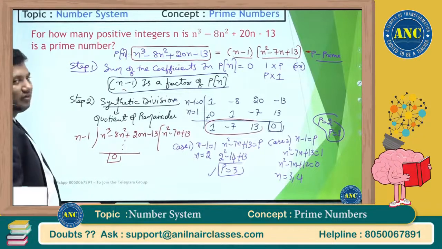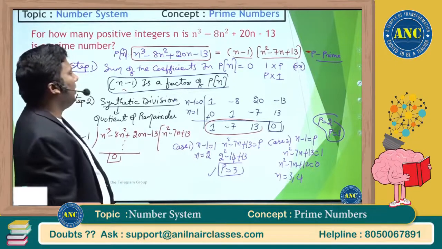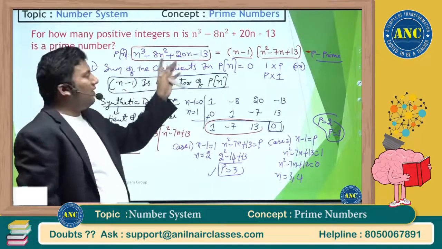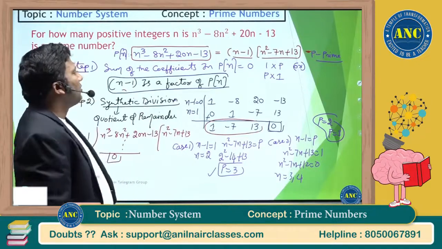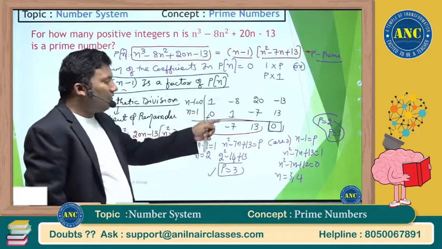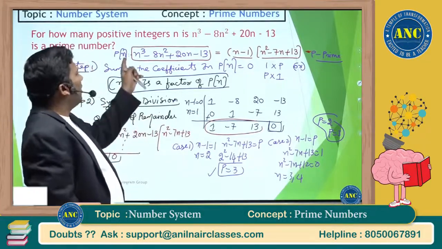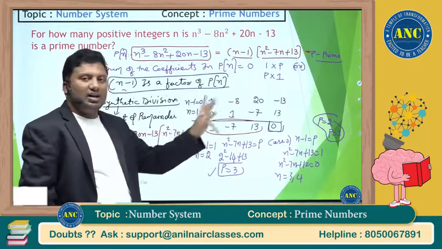How many positive integers n make n cube minus 8n square plus 20n minus 13 prime? Sum of the coefficients is equivalent to 0, so n minus 1 is a factor. I determined the other factor using synthetic division. What you have to do: write down the coefficients in a serial order.